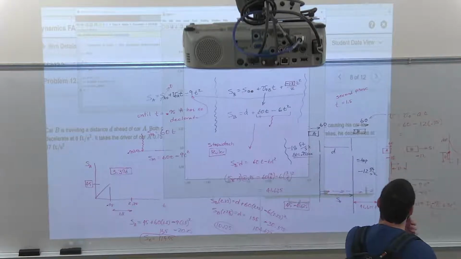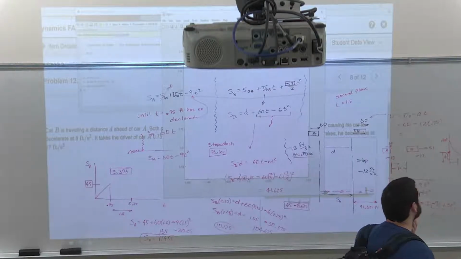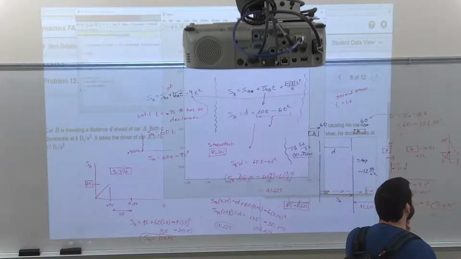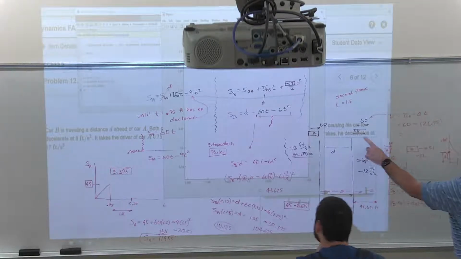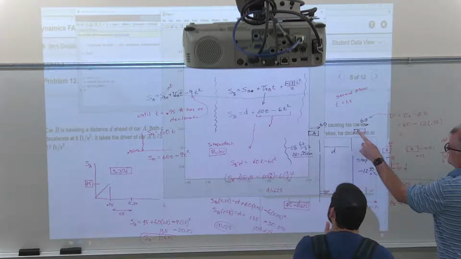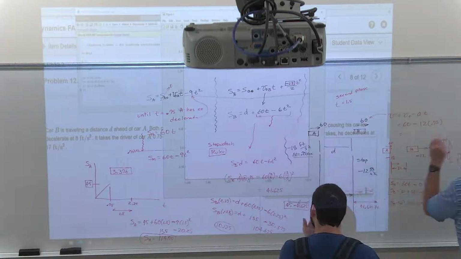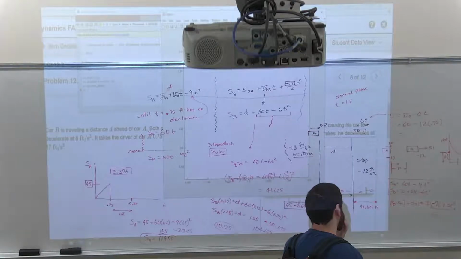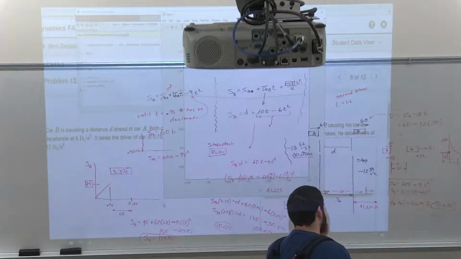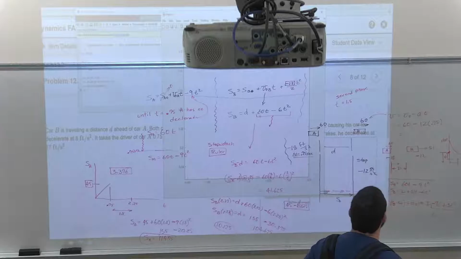Right. So what happened is the stopwatch started. We went 0.75. We restarted it 1.5 seconds after that. So then I used this total time, 2.25, in the first equation for B. Then I realized, for car A, during this period, I went 45 feet.